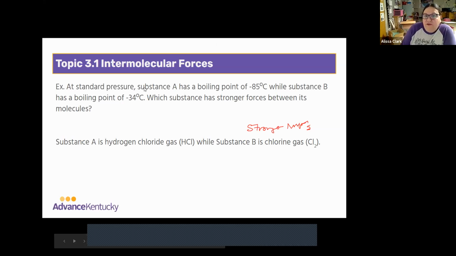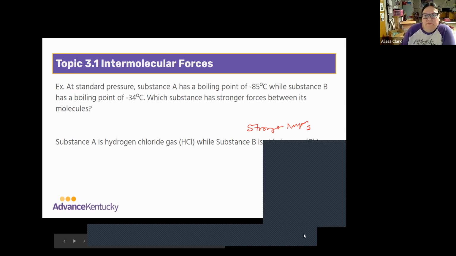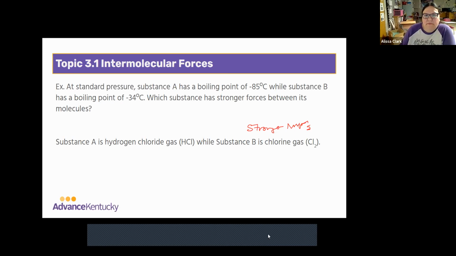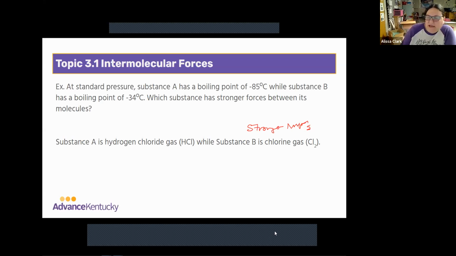And I would like you to annotate, pick a text box and put your text box somewhere on this screen and tell me what intermolecular forces are present between chlorine molecules. Or you can type it in the chat. What intermolecular forces are present between chlorine molecules?